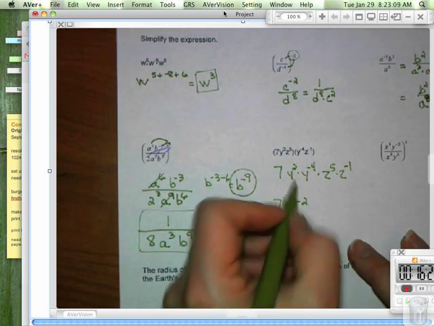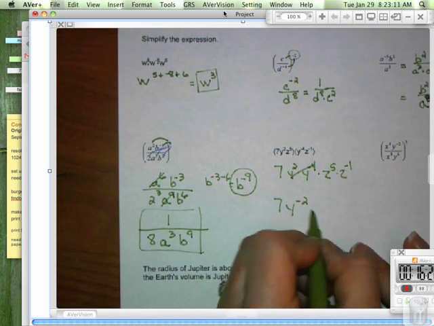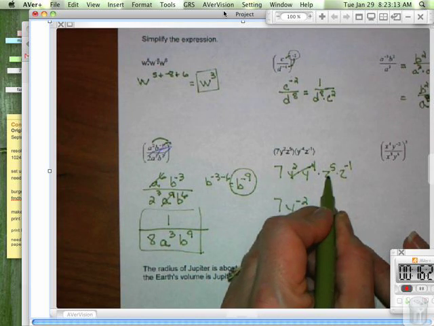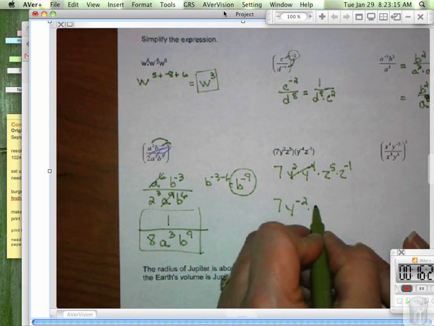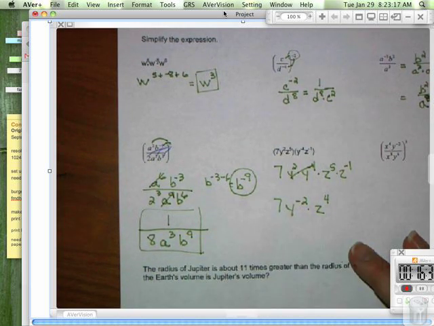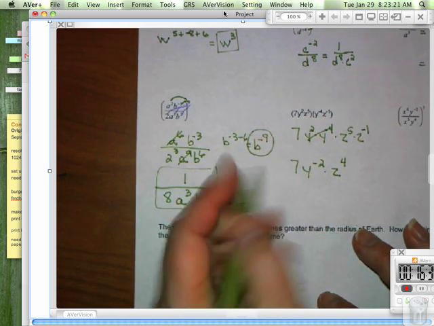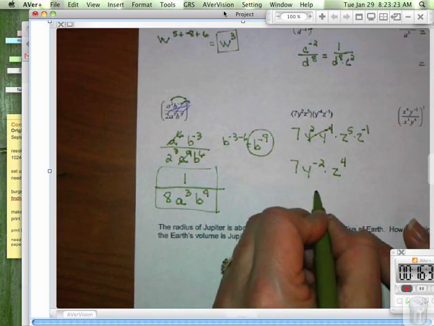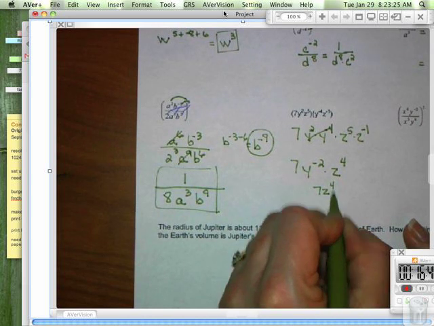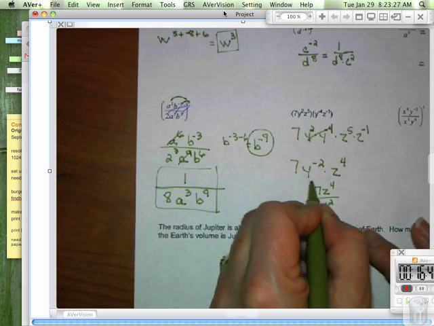So I did that already. And then multiplying with the same base, it's 5 plus -1, which would be z to the +4. But when I simplify, I cannot have a negative. So all I have to do is take this and put it down in the bottom. Make a fraction out of it.